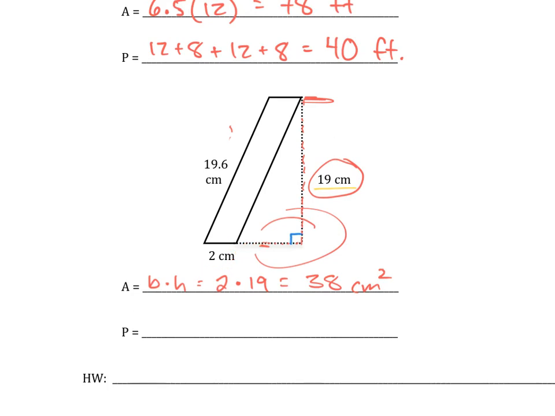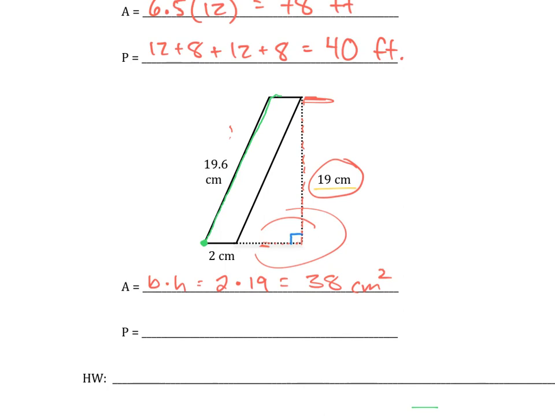Okay. Remember, perimeter is the distance around. So if I imagine myself starting there and going around the parallelogram, I'm traveling on the sides of the parallelogram, the edges. So that one is 19.6. That's that distance.